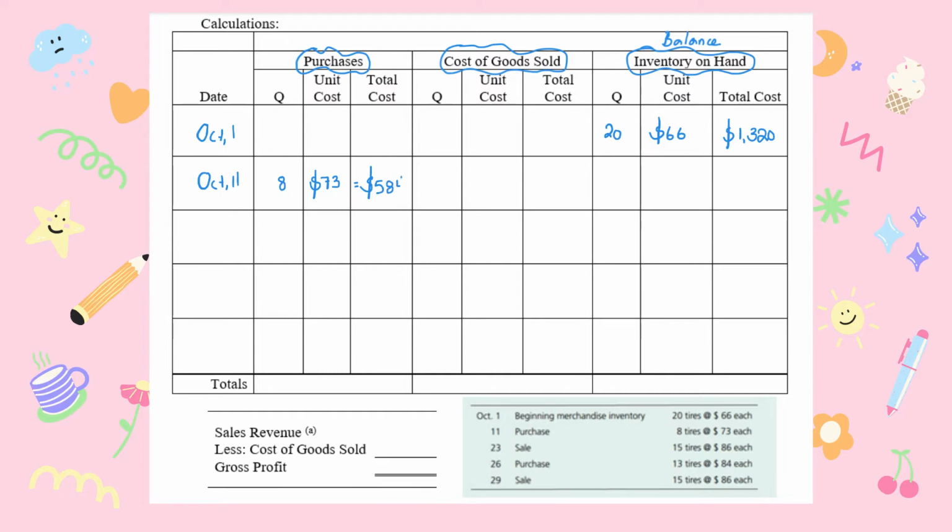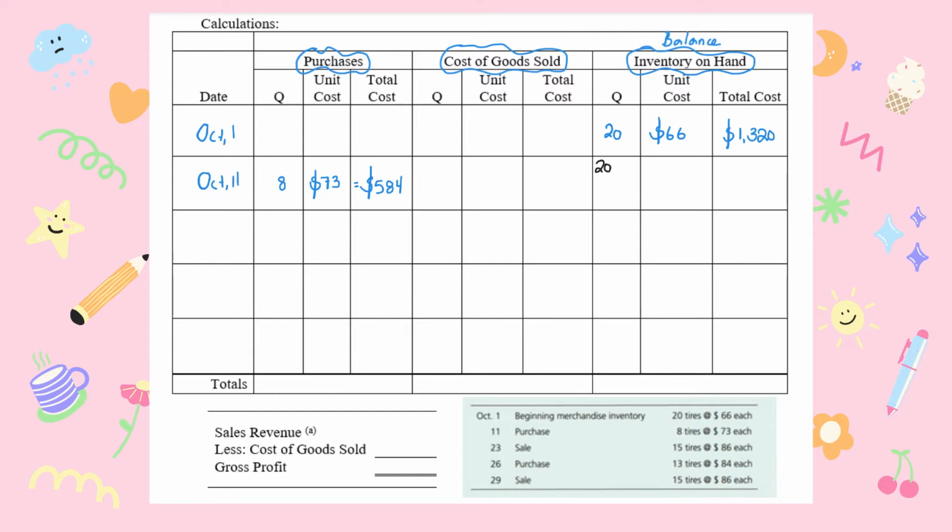So the total will be 584. Okay? Now, we used to say that I have 20 units at 66 each and additional 8 units at 73 each in the balance under FIFO and LIFO. But now under the weighted average, we cannot do that. We need to find the average cost. We cannot have 2 unit costs. Okay, so we're gonna do the following. I'm gonna add the units.